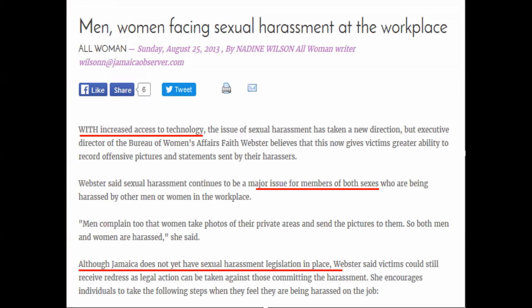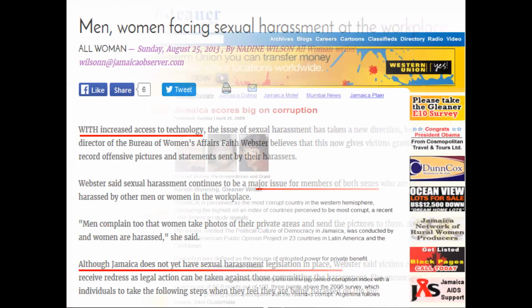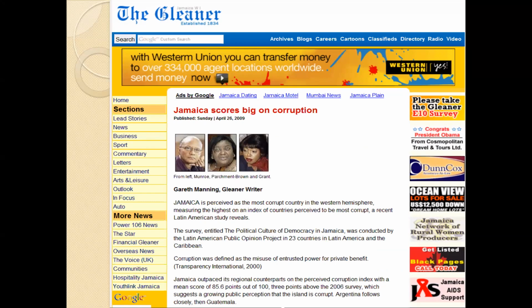Okay. These Monroe, Parchment, Brown, and Grant, these people are into some kind of war. Perceived as the most corrupt country in the Western Hemisphere.